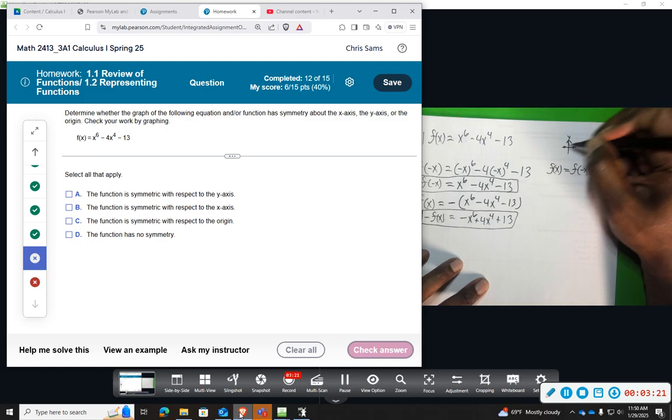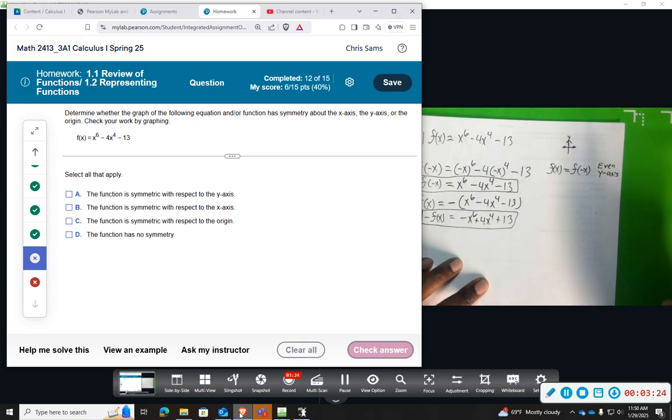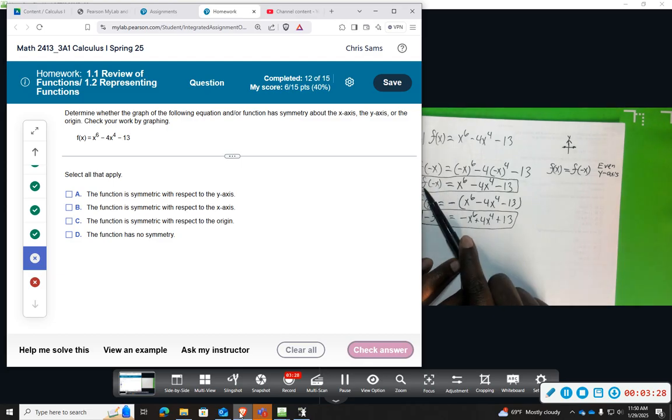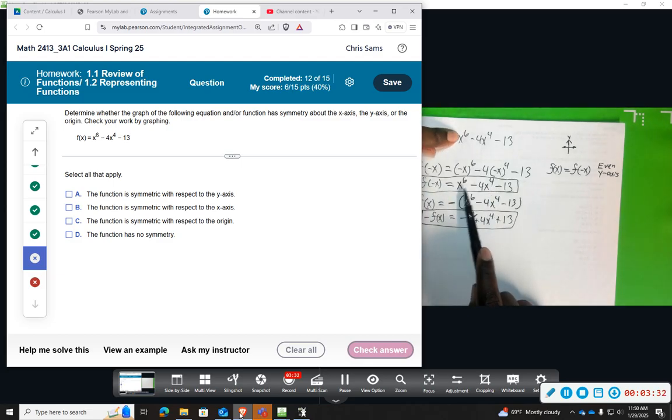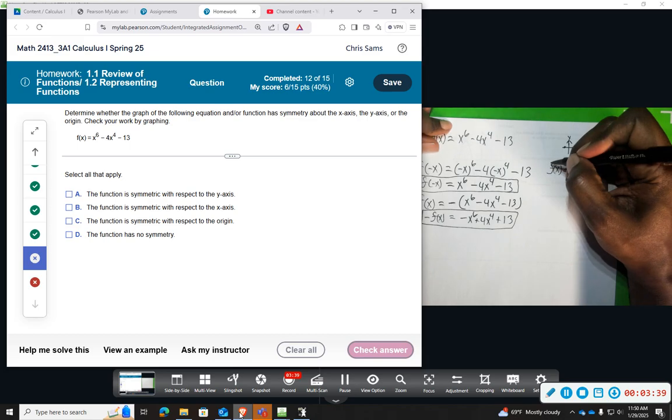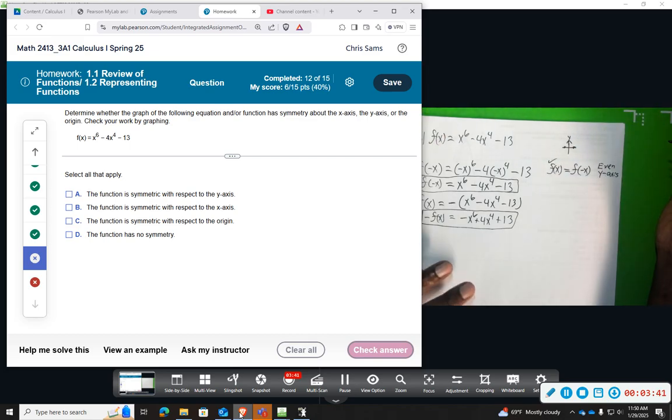So that's y-axis symmetry, which is also known as even. Here's my original f of x and here's my f of negative x. When I compare the functions, I get a positive x to the 6th, a negative 4x to the 4th, minus 13. The whole equation is equal. So we do have y-axis symmetry.